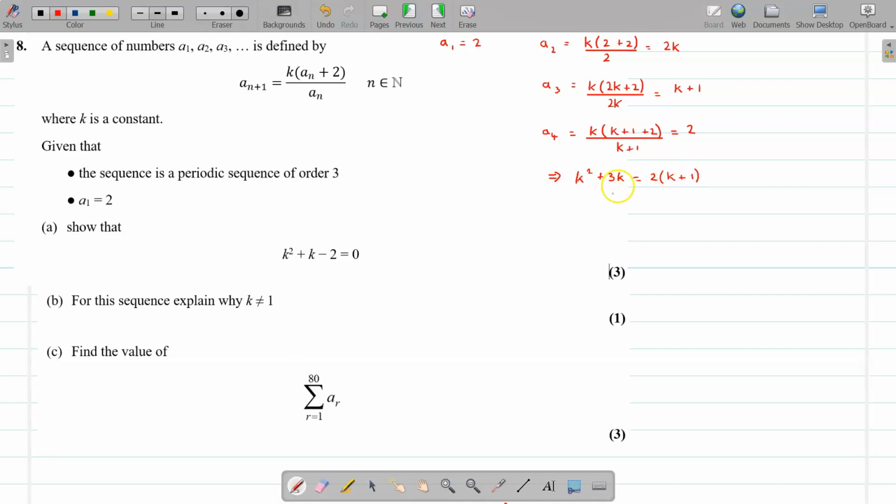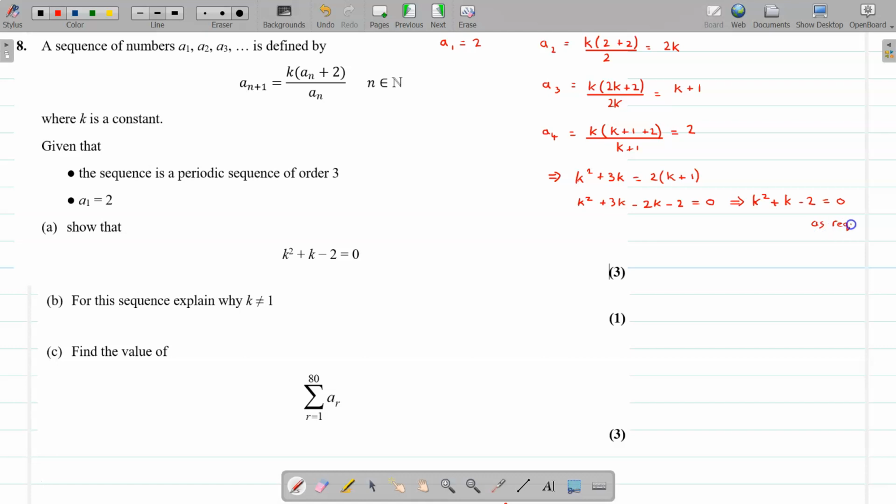Multiply that out, you get k squared plus 3k, take away 2k, and take away 2 would give me 0. And just combining the middle two terms, I get k squared plus k minus 2 equals 0, and that's as required.